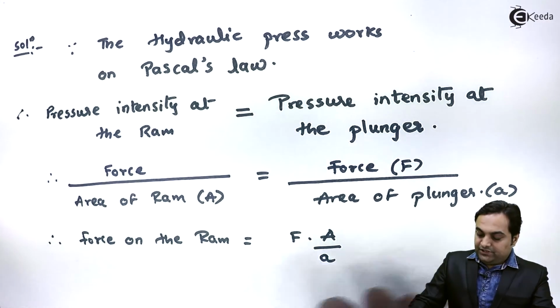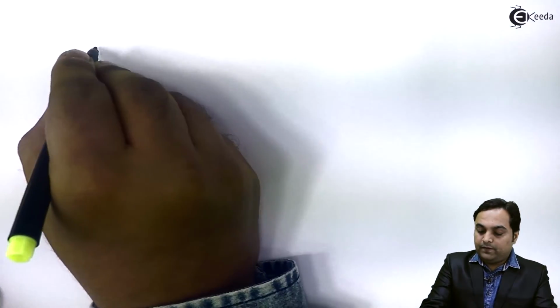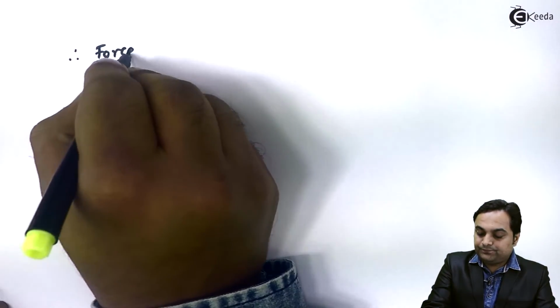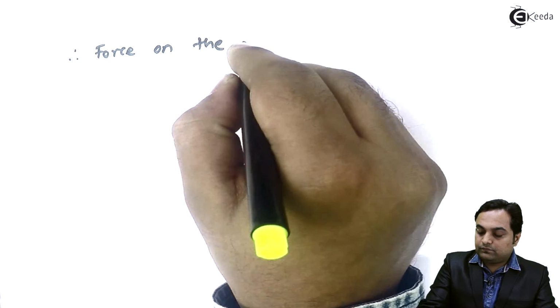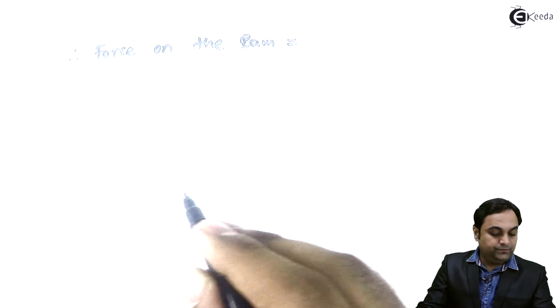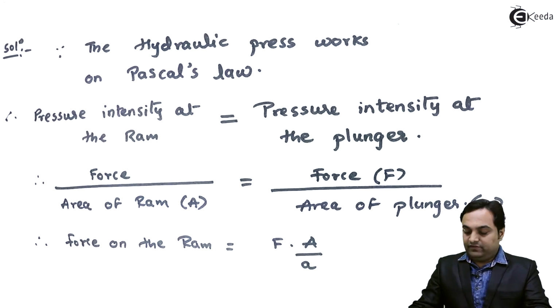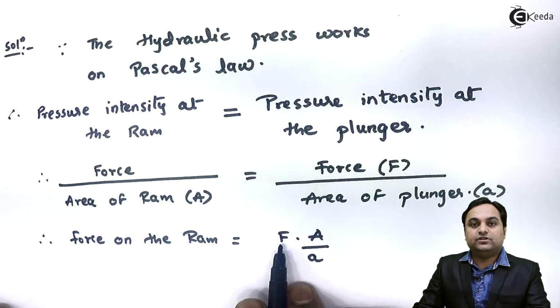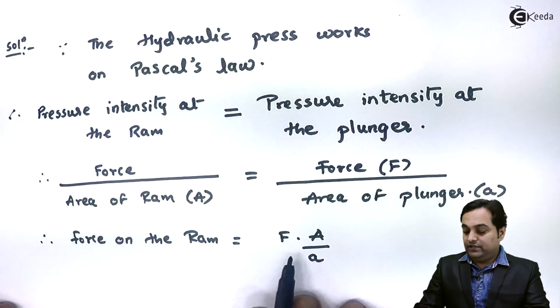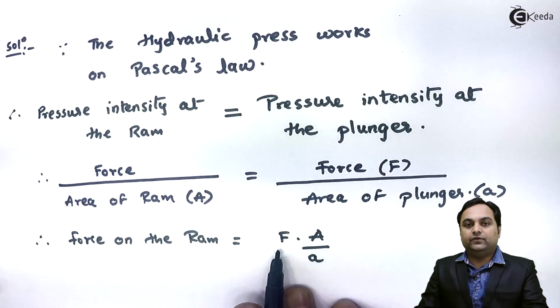So from this relation, I'll say that force on the ram is equal to capital F, this is the force applied at the plunger, and this is the unknown value. This value we have to calculate.